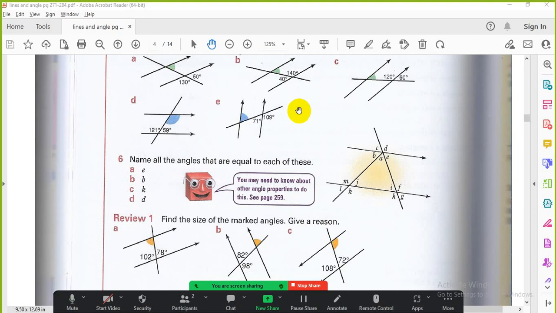D again, look at the shape, F shape, letter F we can take.